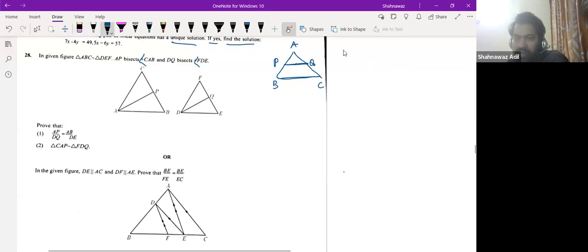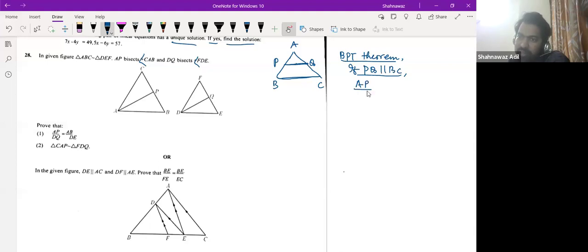So we have learned about the BPT theorem. What is the BPT theorem that we have studied? That if PQ is parallel to BC, then AP by PB is equal to AQ by QC.